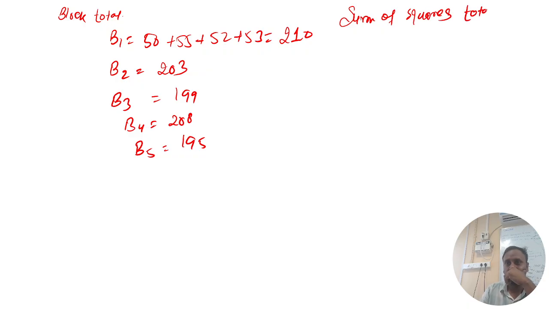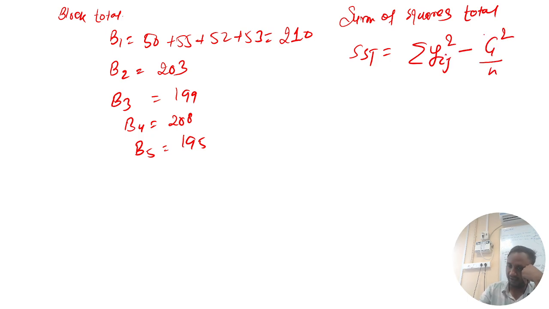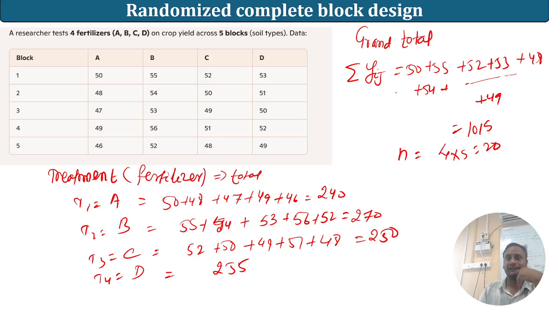So now the first step is to calculate the sum of squares total, called SST. It is the summation of Yij whole square minus G square by N, where G is the grand total.